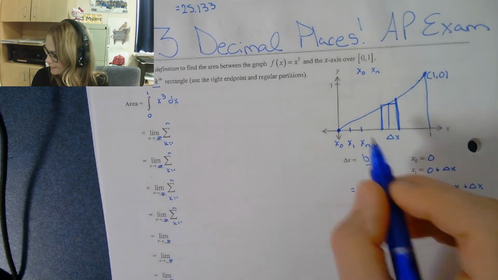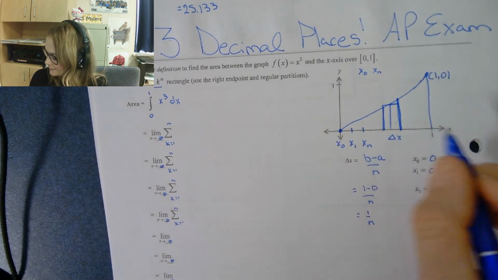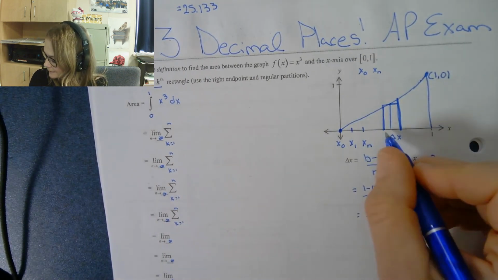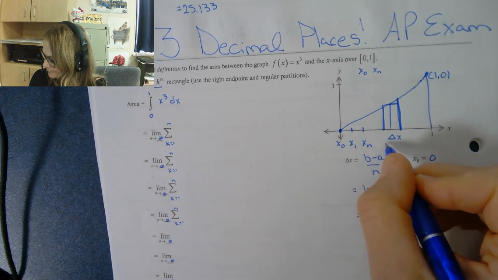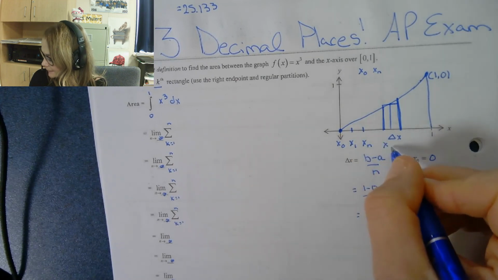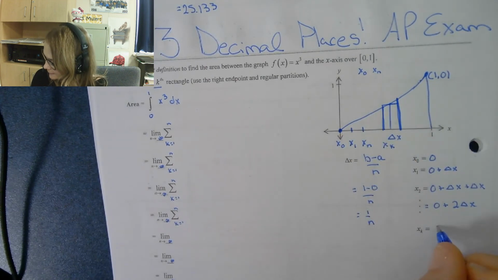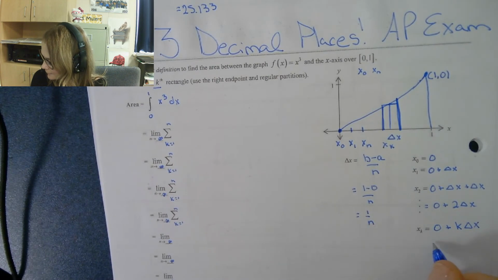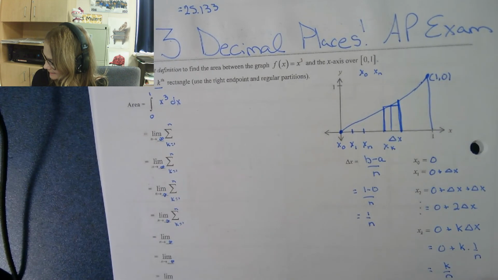All right, so to get to this kth rectangle here, if we get over here to x sub k, how do we get there? This is going to be 0 plus k delta x, or 0 plus k times 1 over n, or k over n. So that's the x value.